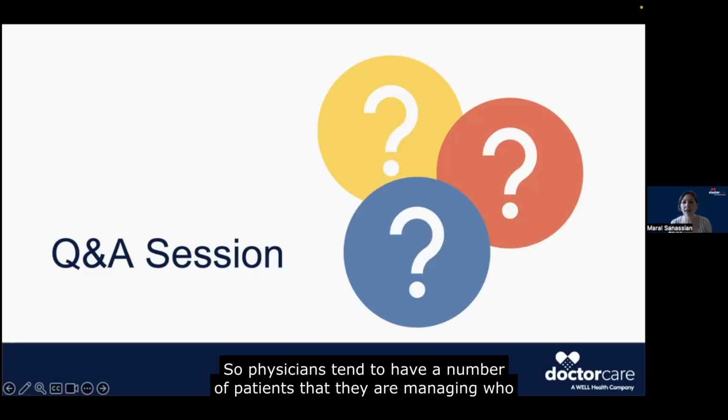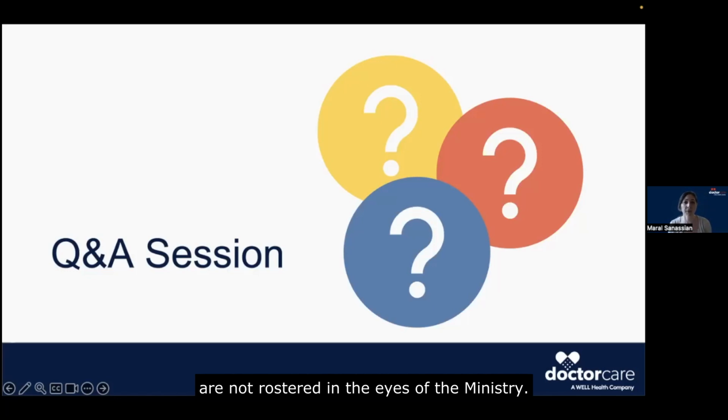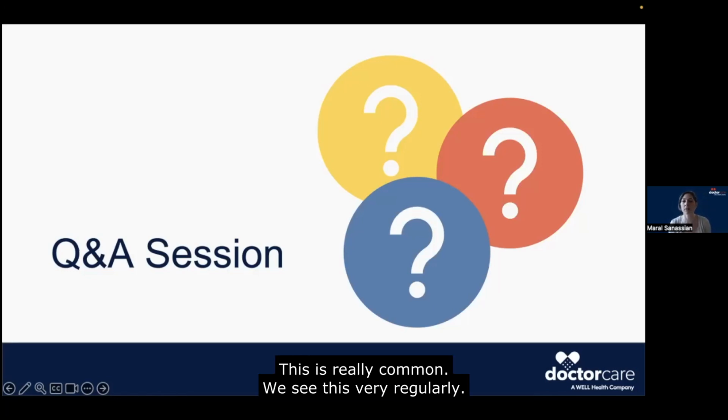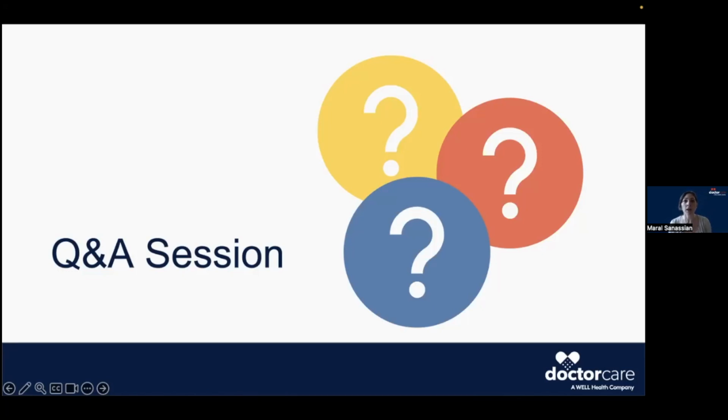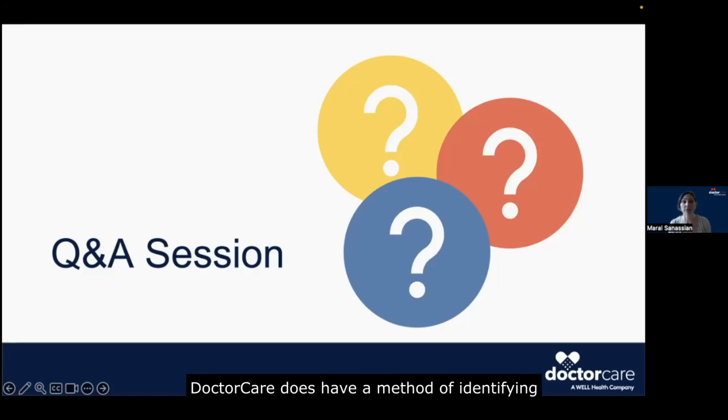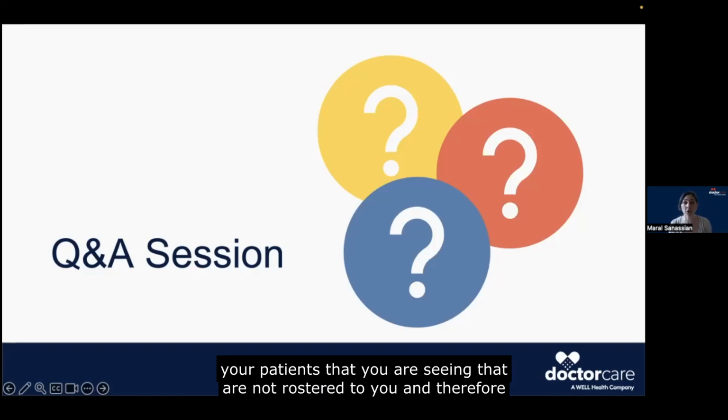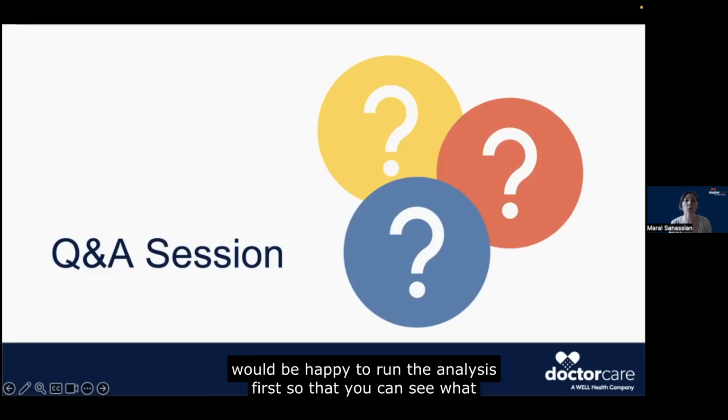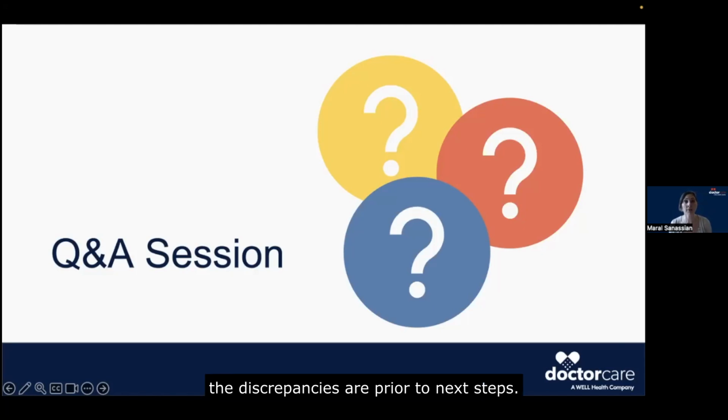So physicians tend to have a number of patients that they are managing who are not rostered in the eyes of the ministry. This is really common. We see this very regularly. Doctorcare does have a method of identifying the patients you are seeing that are not rostered to you, and would be happy to run the analysis first so that you can see what the discrepancies are prior to next steps.